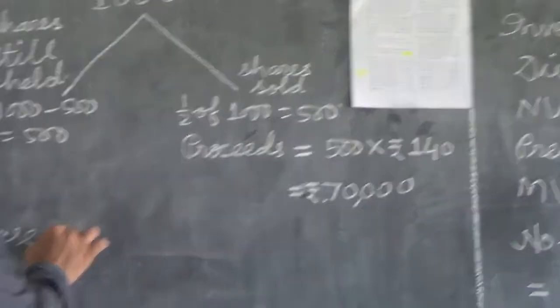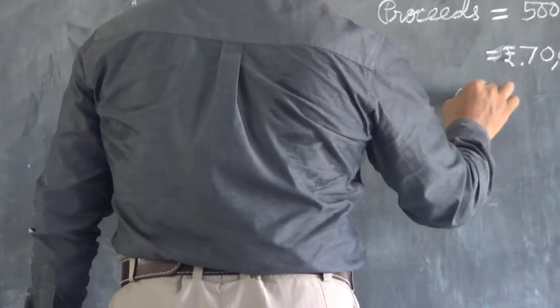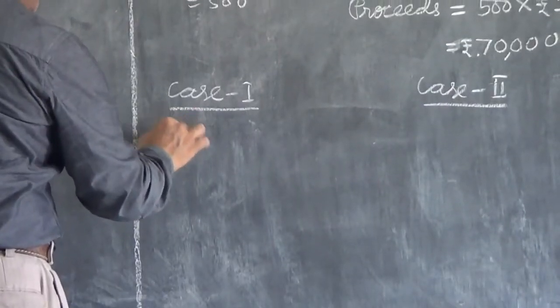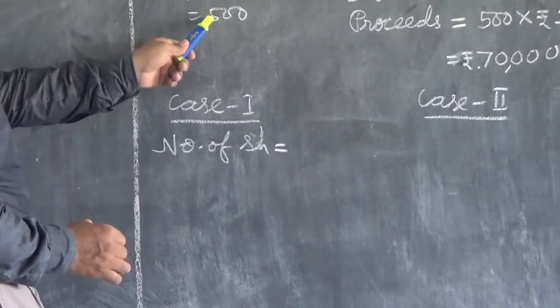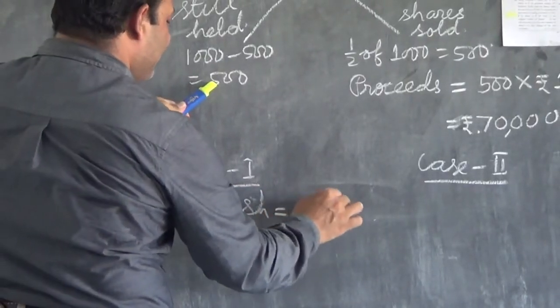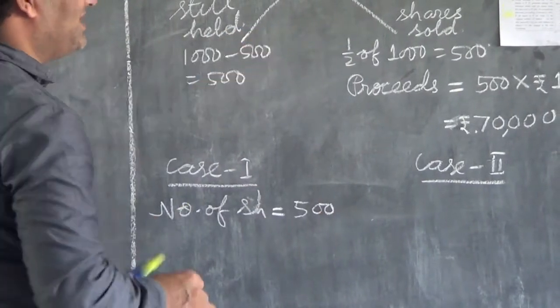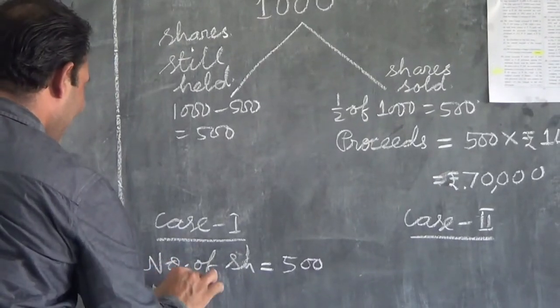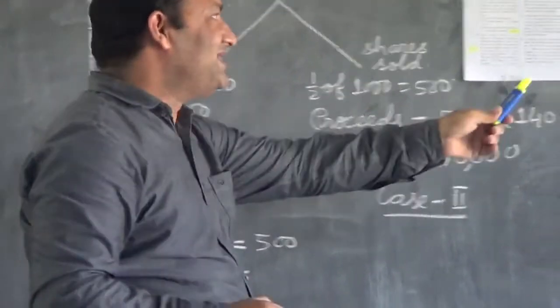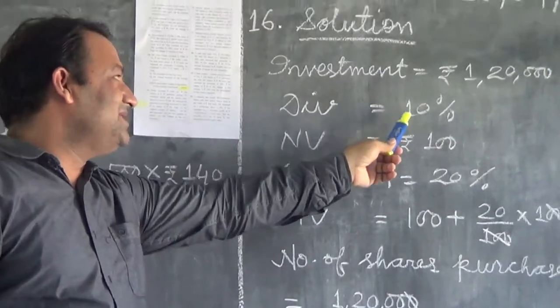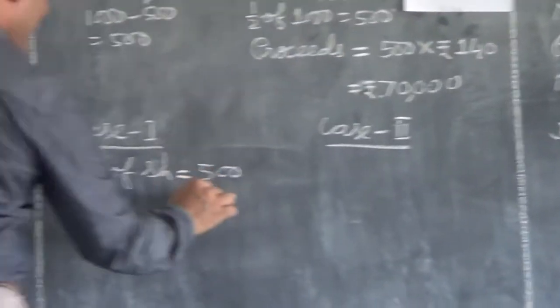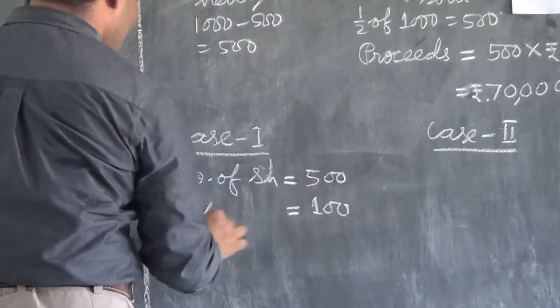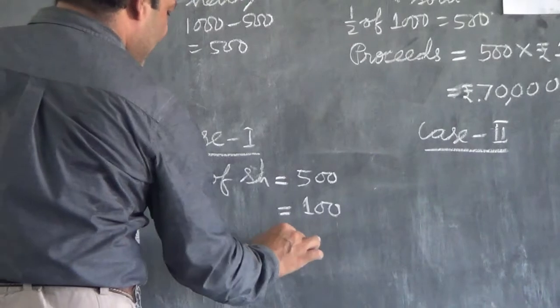Now we have to calculate the annual income in case 1 and case 2. In case 1, number of shares: how many shares does he still hold? 500 shares. Nominal value, you see children, is 100, because this is the same share, and dividend is 10%.